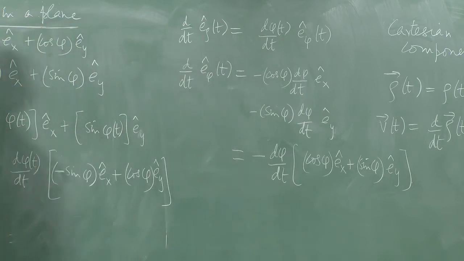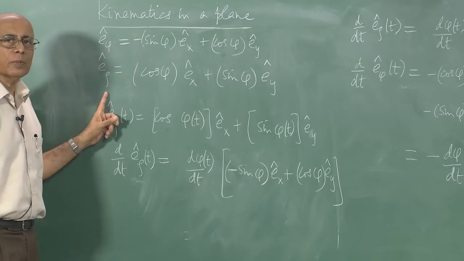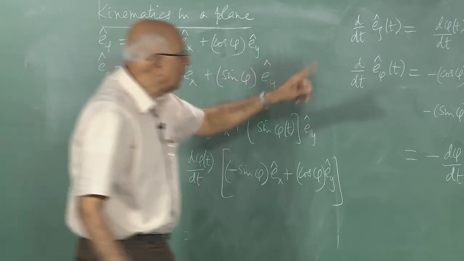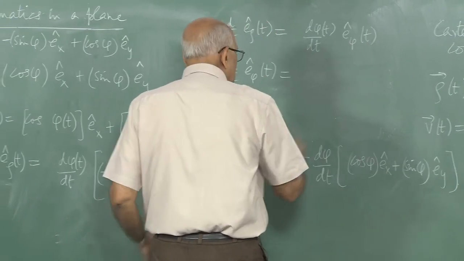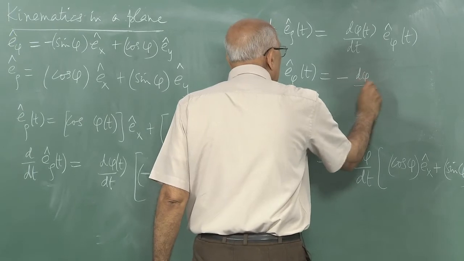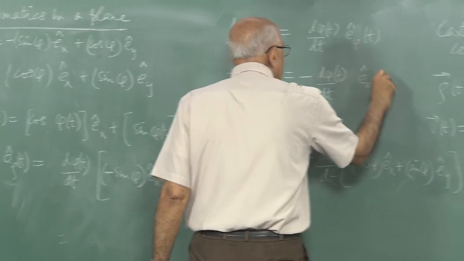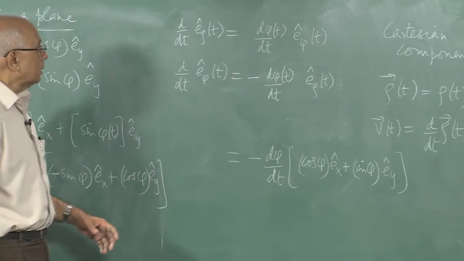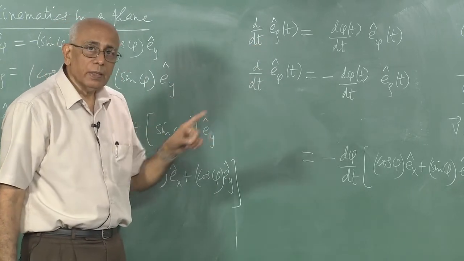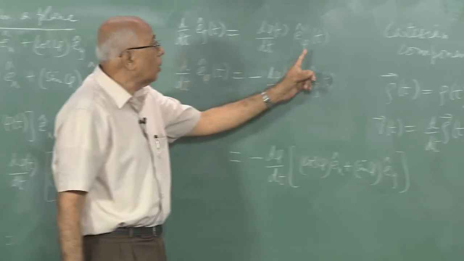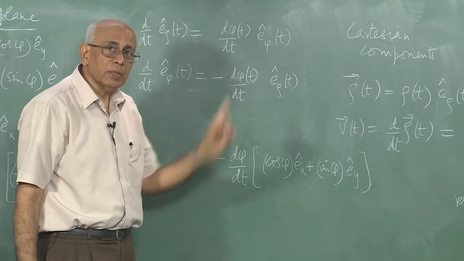We go back to this equation and realize that the combination in the square bracket is just E sub rho. So we have the complement of this formula, which says this is equal to minus d phi over dt of t times E rho of t. So to sum up, the rate of change of the unit vector in the radial direction is along the unit vector in the azimuthal direction.